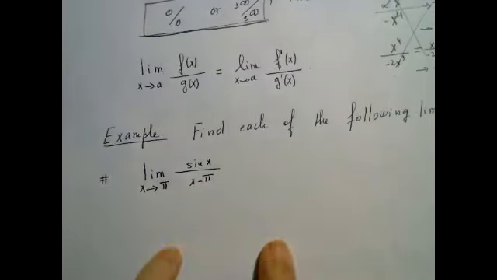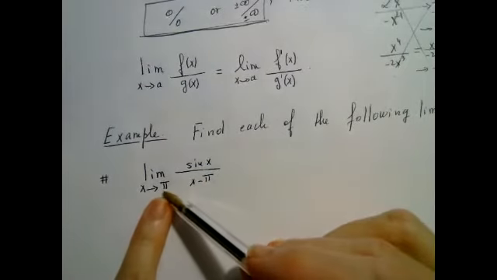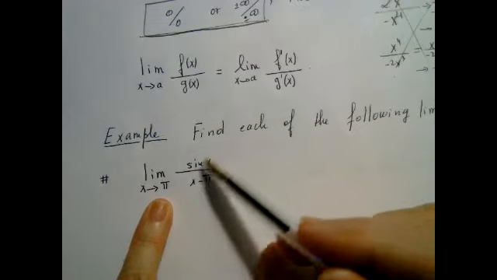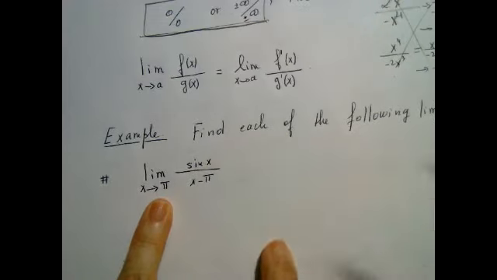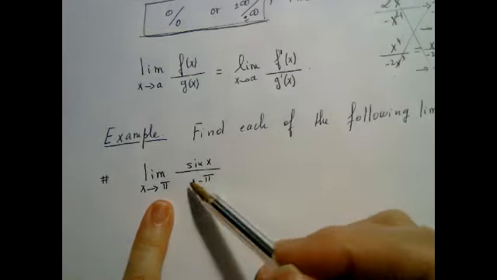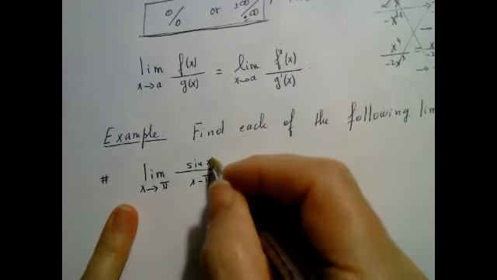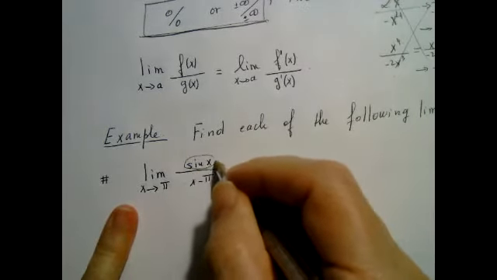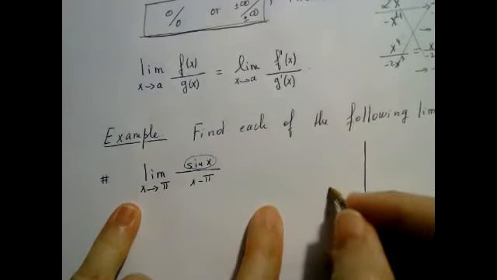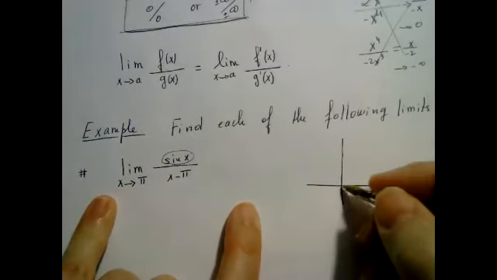Okay, it means basically I have to take values close to pi and ask myself, what's happening to this ratio? So first we analyze, always we analyze. When x becomes close to pi, sine x becomes close to what? Let us graph the function sine.